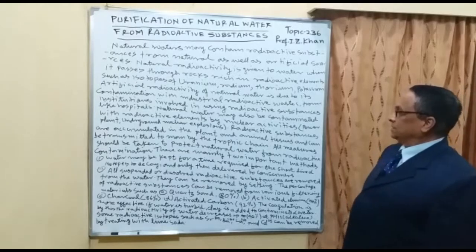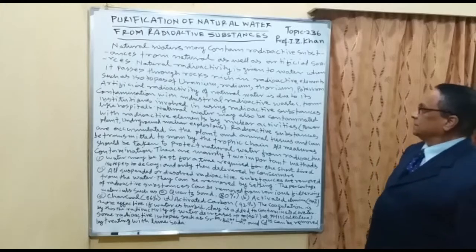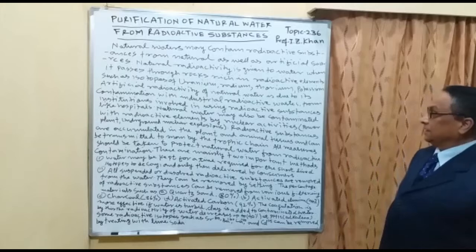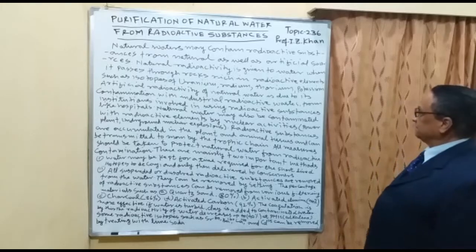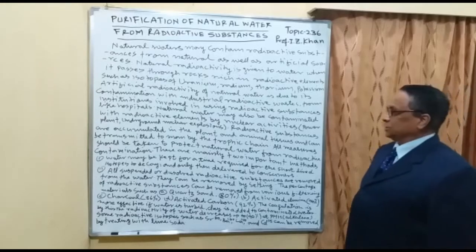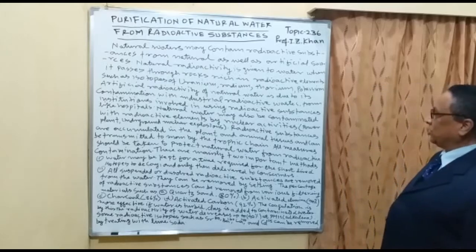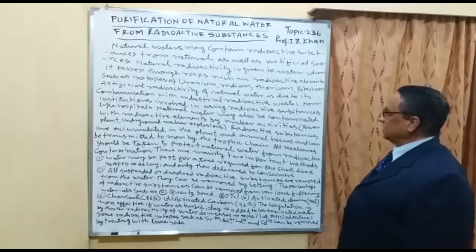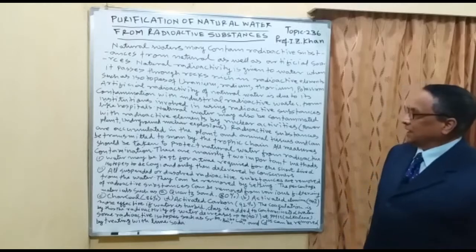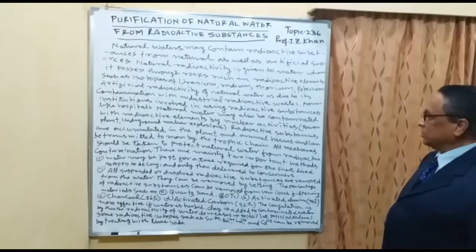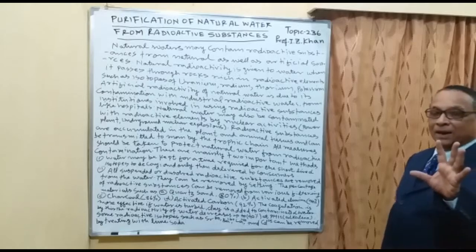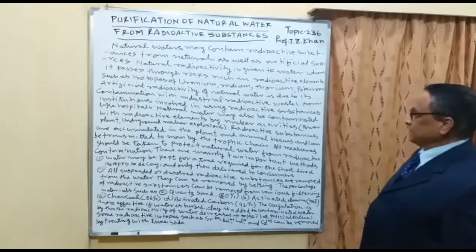Artificial radioactivity of natural water is due to its contamination with industrial radioactive wastes from institutions using radioactive substances, like hospitals. Natural water may also be contaminated with radioactive elements by nuclear activities like power plants and underground nuclear explosions. These are by human activities.